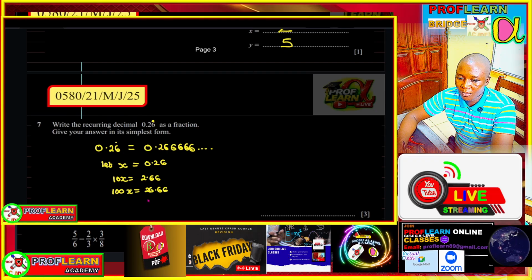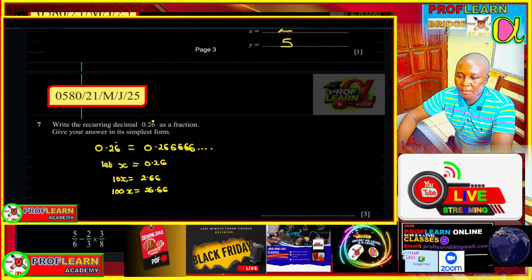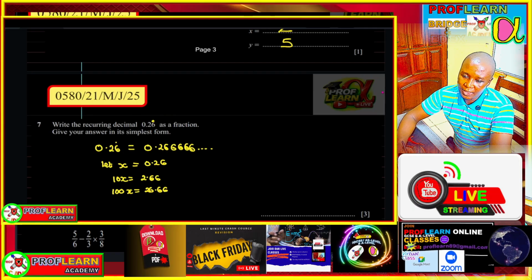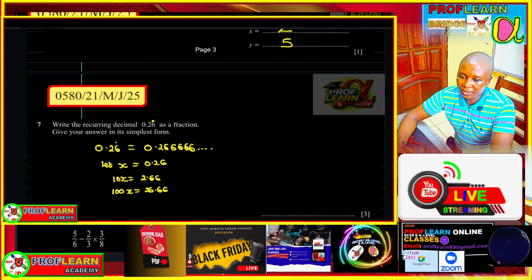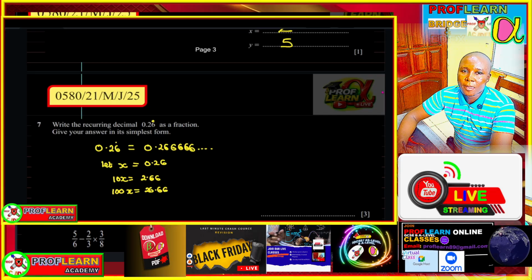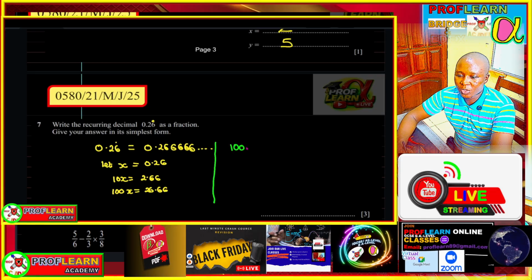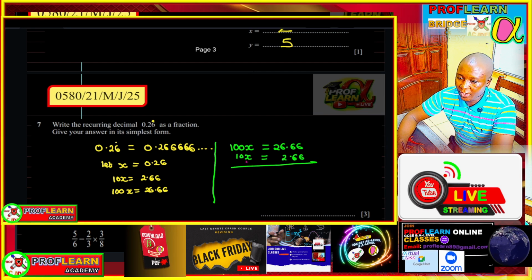Then you can see now at that point, if you subtract 10x from 100x, that is 26.66 minus 2.66, it will mean that we are going to have 0 after the decimal point. And that's exactly what was our objective and our target.